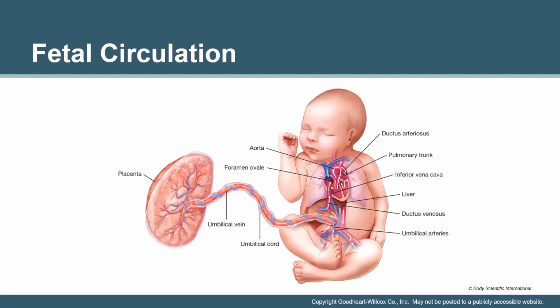A small amount of blood does not go to the right ventricle, but is drained through the ductus arteriosus, which is a vessel that connects the pulmonary artery to the aorta. Shortly after birth, the ductus arteriosus and ductus venosus will close, as does the foramen ovale.